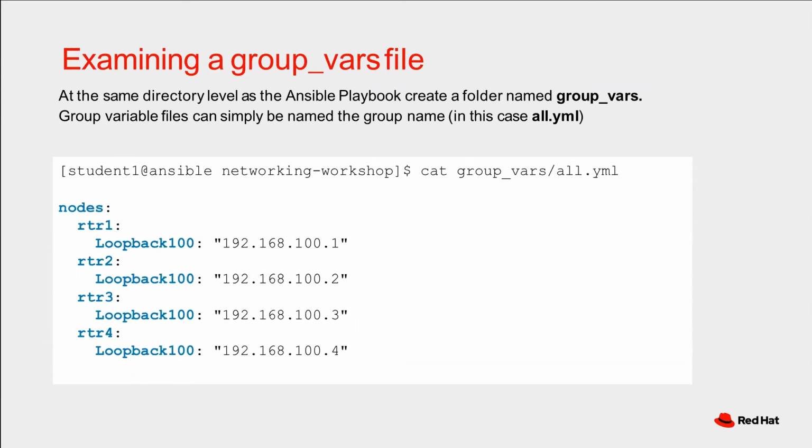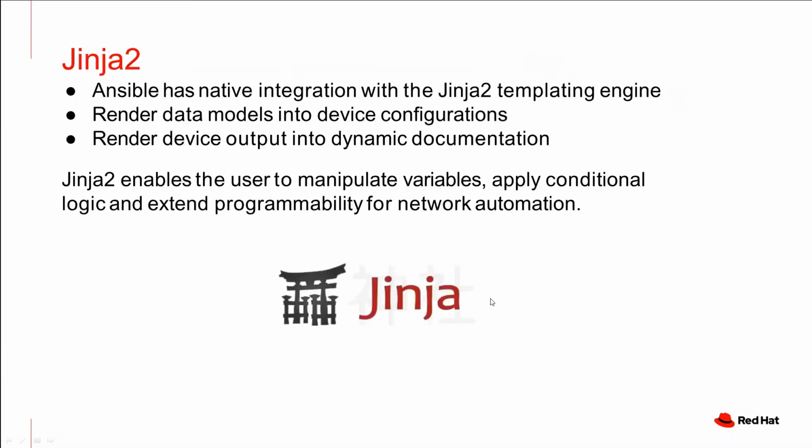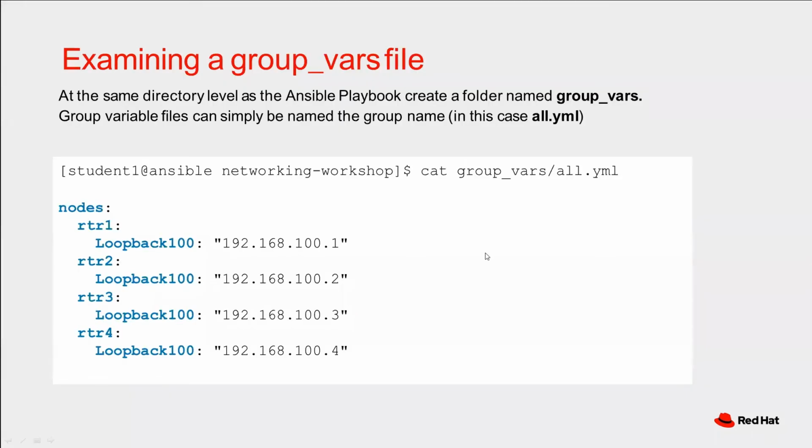So here's an example of a group variables file, and this is just showing the loopback interface for each of our 4 routers. And if you'll notice, the name of the file is all.yml, so we can name this either with the host name, or we can do some other great things within that directory.